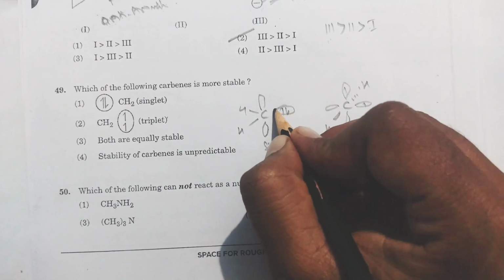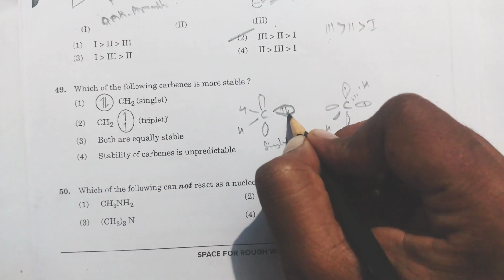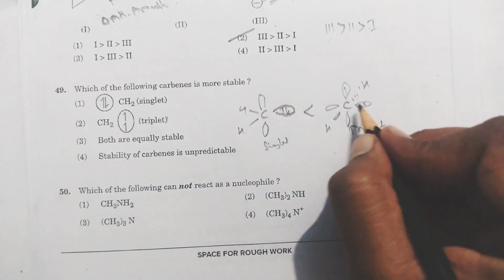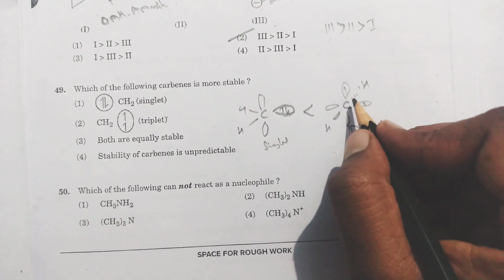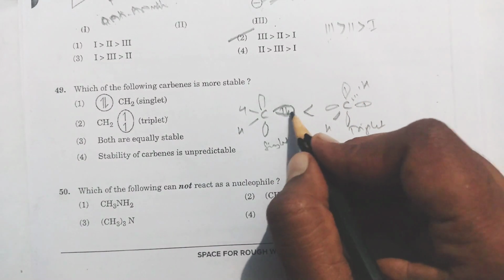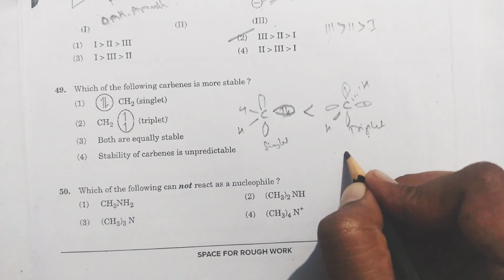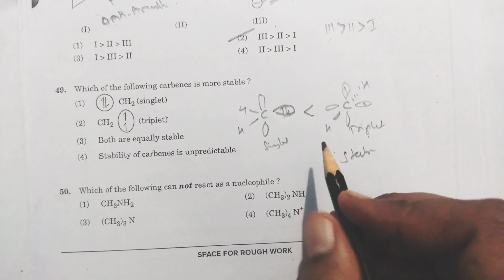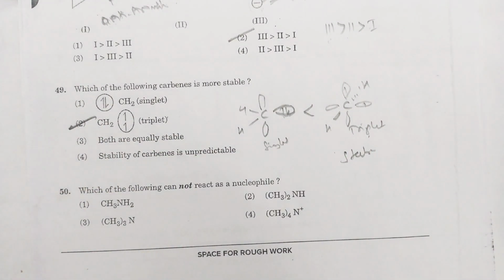Due to the repulsion of these electrons in an sp2 orbital, the singlet is less stable than the triplet, because there is not much repulsion between the electrons in the p orbitals, but in the singlet the electrons are in a single sp2 orbital. Hence the repulsion is more here, and this is less stable. This is more stable. Hence, the triplet is more stable than the singlet.